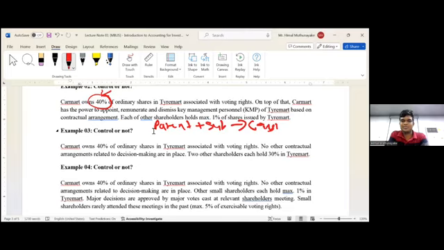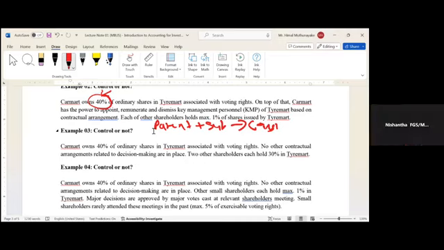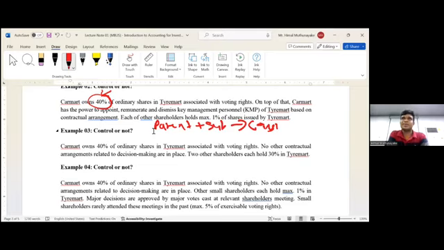So you don't have more than 50% of the voting shares, and the other shareholders also have 30%. So that means you can't control Tire Mart. That means you can't control the decisions of Tire Mart. Basically, if you can't control the decisions of Tire Mart, then you don't have control, right?